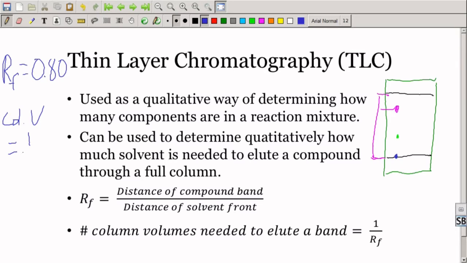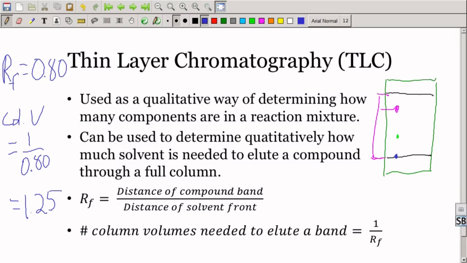It's 1 over 0.8, which is, what about 1? Okay, 1.25. That's not bad. All right, so that means if you have a column that has a volume of 50 milliliters, you're going to have to push about 65 milliliters of solvent through before your compound comes through the column.